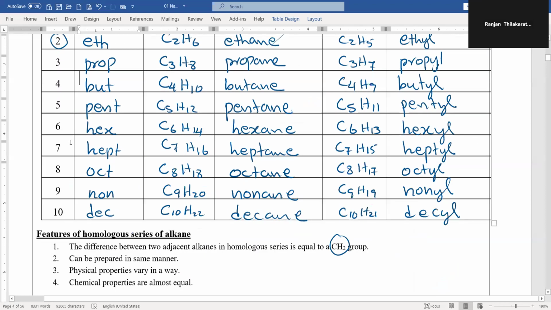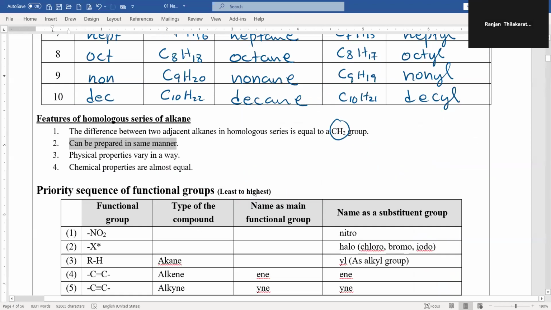And the second one, they can be prepared in the same manner. Normally, remember that all the hydrocarbons are obtained from crude oil and also from natural gas. Natural gas is the gas deposits, the gas we obtain from the deposits.